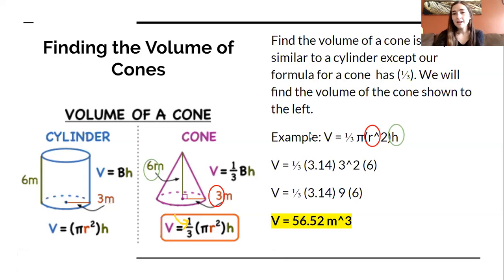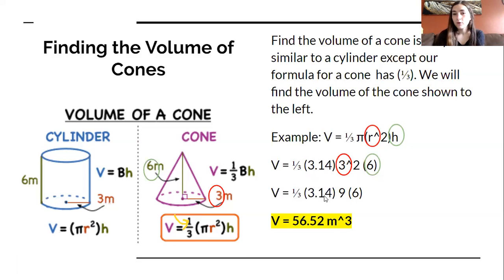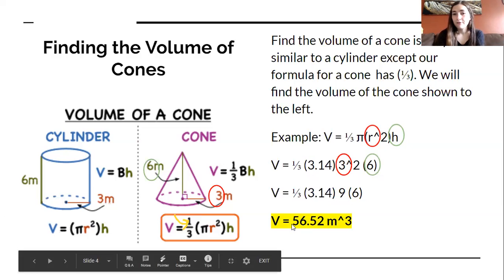So we plug that into our formula: 1/3 pi times our radius squared times our height. We have 1/3 times 3.14 times 3 squared times 6. Whew, lots of multiplication. 3 squared is 9, so we have 1/3 times 3.14 times 9 times 6. Plug all of that into your calculator and you'll get 56.52 meters cubed.